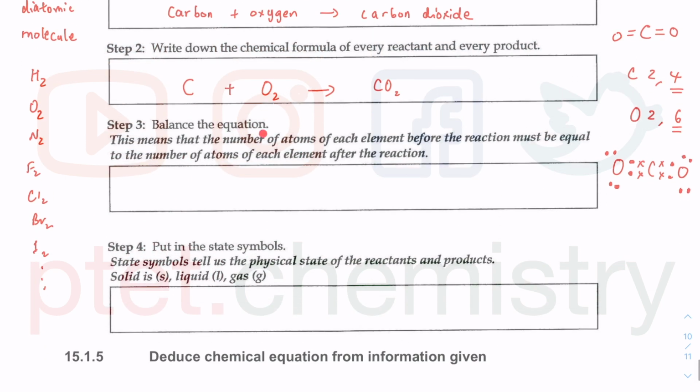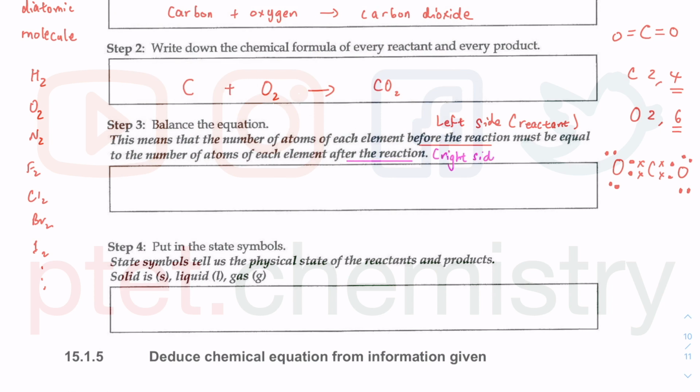So, balance this equation. The number of atoms before the reaction, that means on the left hand side, where the reactants are, must be equal to the number of atoms after the reaction, which is your products on the right hand side.